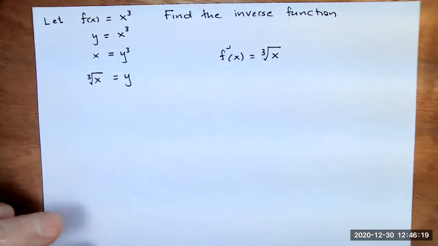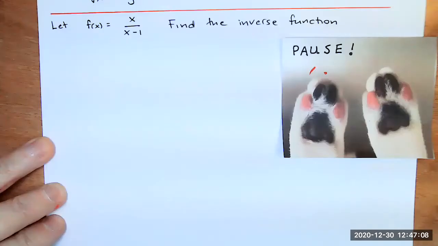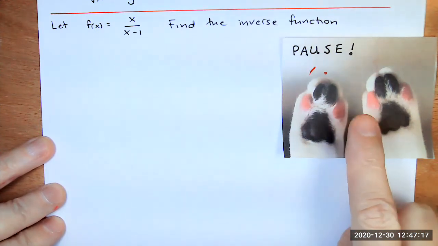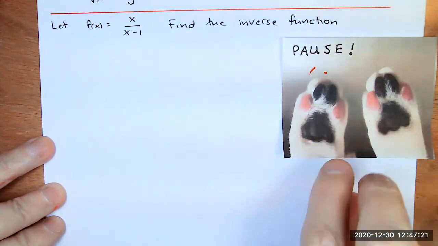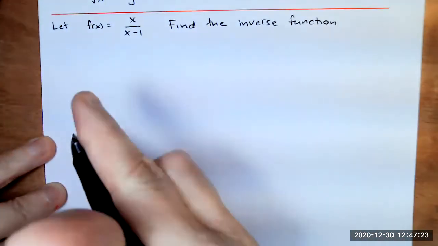Let's try another. All right, let f of x equals x over x minus 1. And if I were you, I would hit pause to try to find the inverse function.